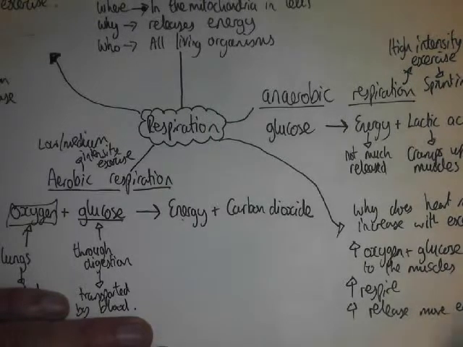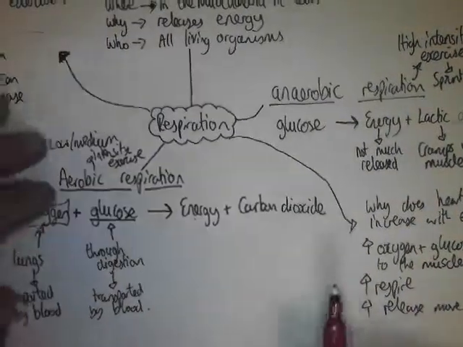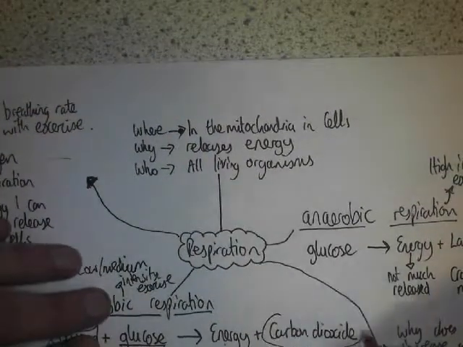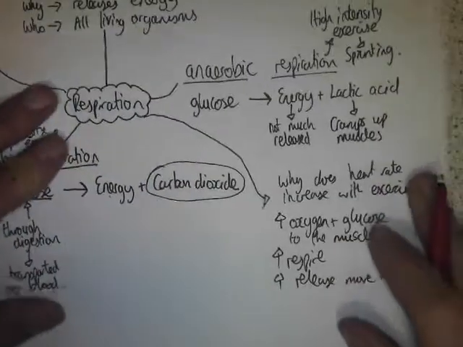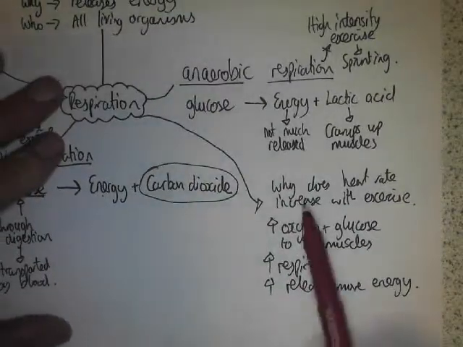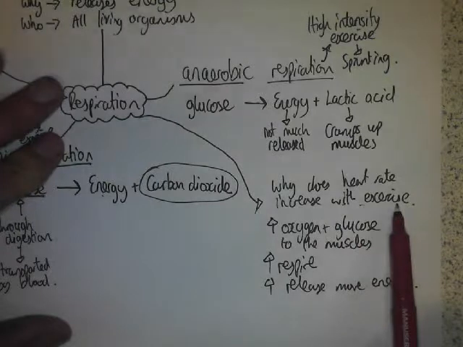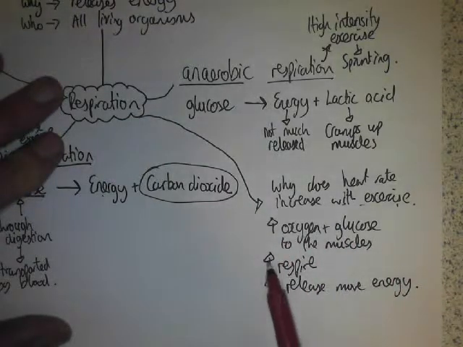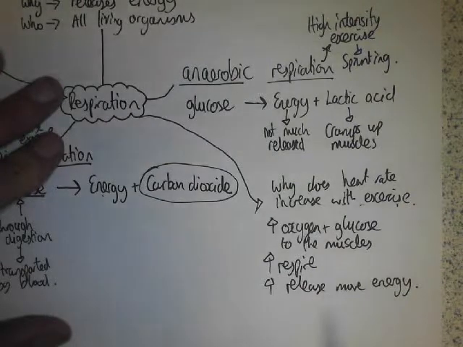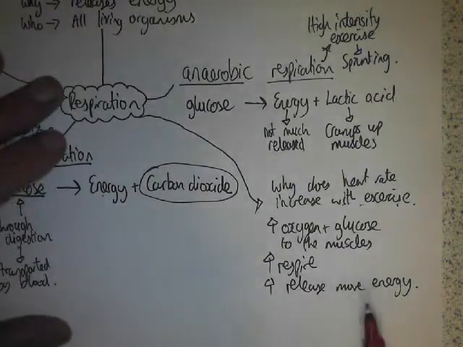But it's also worth pointing out that these waste products that are poisonous, wasn't on the screen there, so I apologise. So why does heart rate increase with exercise? Increase in oxygen and glucose to the muscles. I can increase my respiration rate, which means I can release more energy.